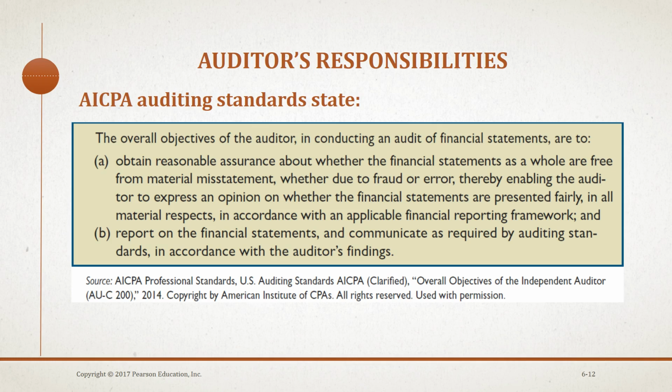So our responsibilities are defined that we're obtaining, please note, reasonable, not positive assurance about whether the financial statements as a whole are free from material misstatement, whether due to fraud or error, thereby enabling the auditor to express an opinion on whether the financial statements are presented fairly in all material respects in accordance with an applicable financial reporting framework, and report on the financial statements and communicate as required by auditing standards in accordance with the auditor's findings.